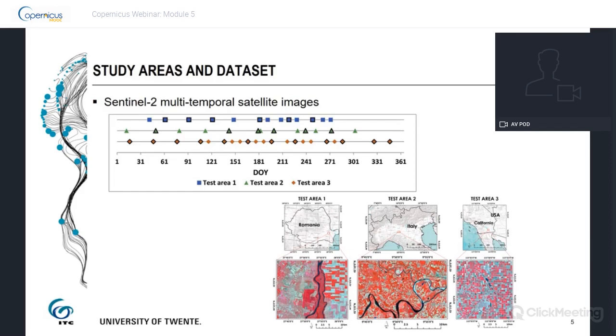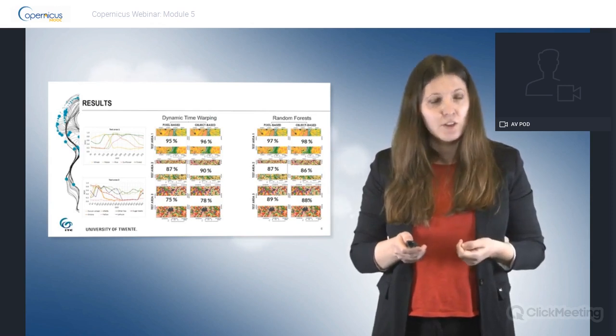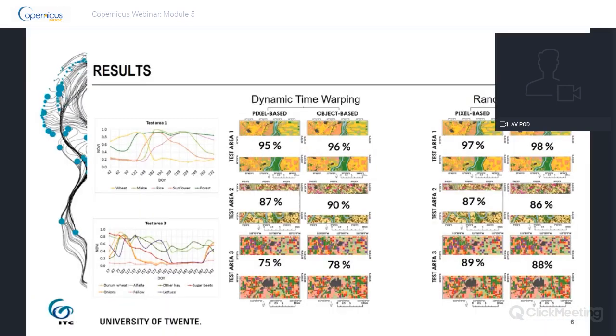And in terms of the data set, as I already mentioned at the beginning, I'm using multi-temporal Sentinel-2 data. Using the two approaches, we managed to obtain accuracy ranging from, for example, 90% in the first study area to about 70 to 89% in the third study area. The differences among these areas consist in the diversity of the crops.